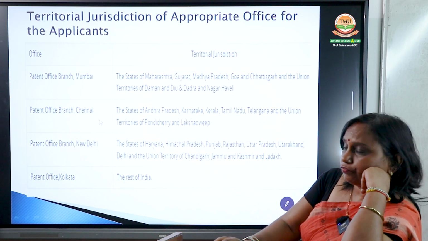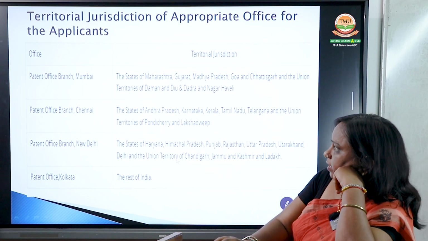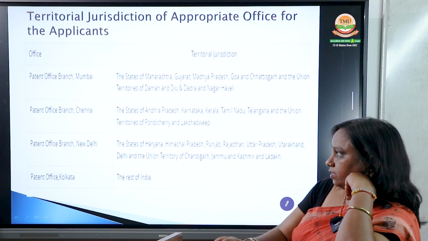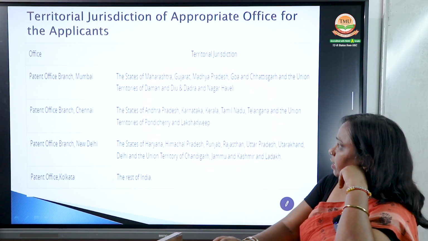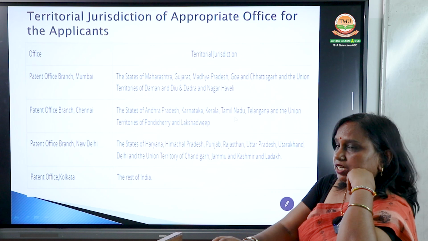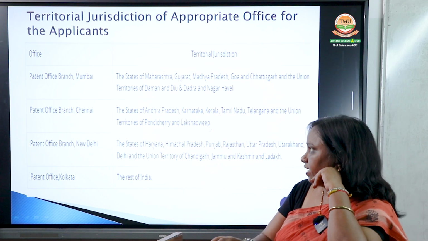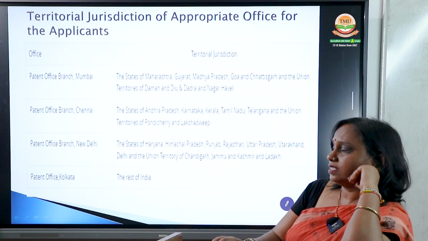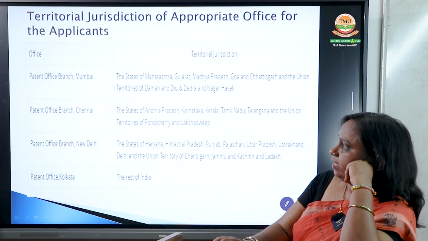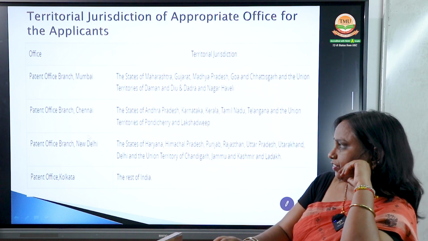Then the patent office branch located in Chennai. Here the states of Andhra Pradesh, Karnataka, Kerala, Tamil Nadu, Telangana and the Union Territories of Pondicherry and Lakshadweep. These states have to apply in this particular territory.